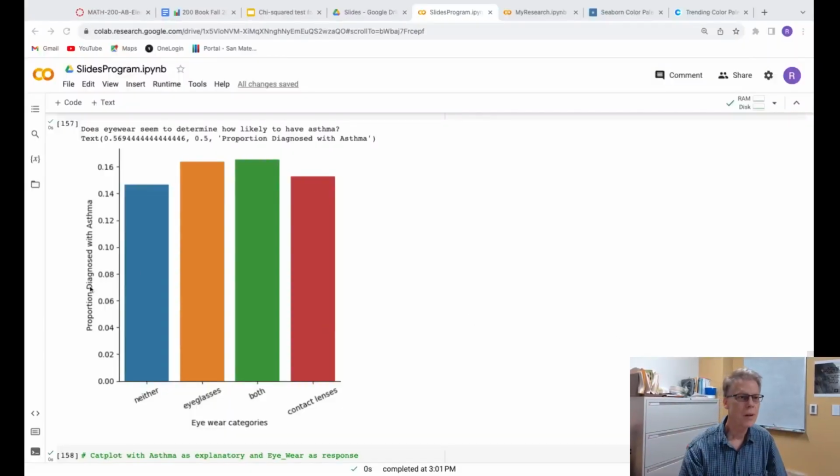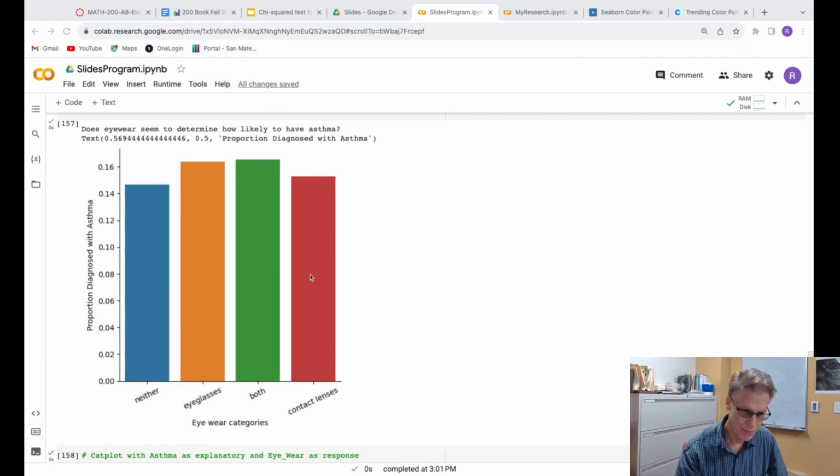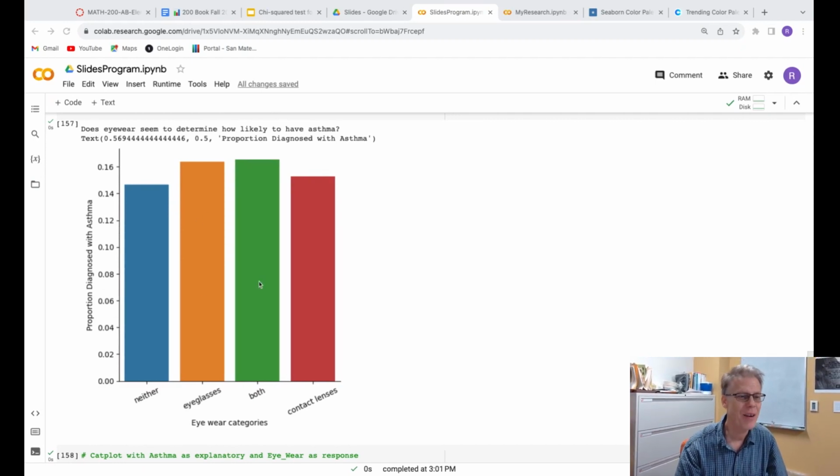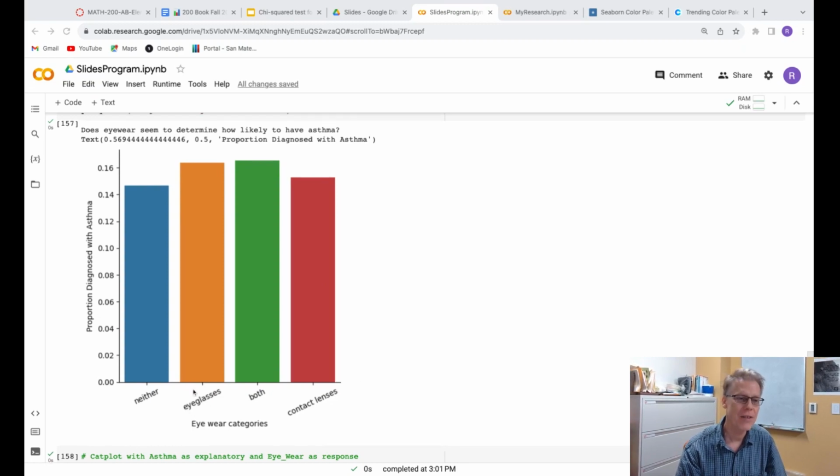All right, so what we're looking at here is our bivariate graph, looking at these two categorical variables, with the explanatory variable being the eyewear and the response being the asthma. We've already done this.